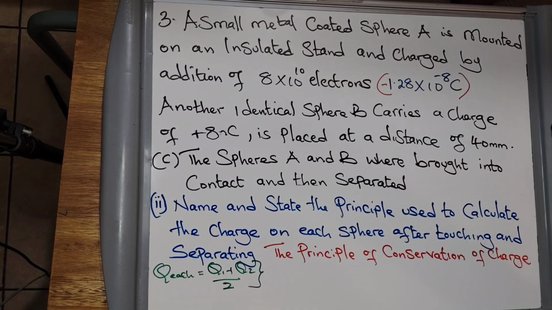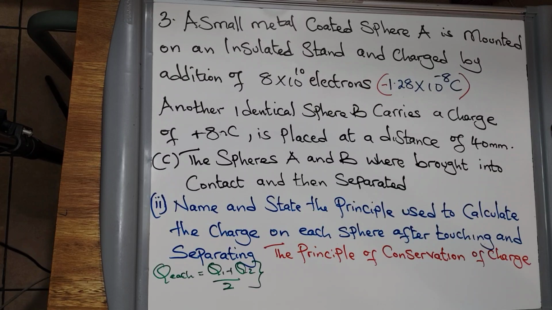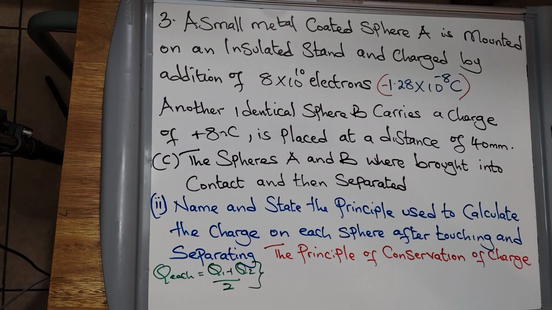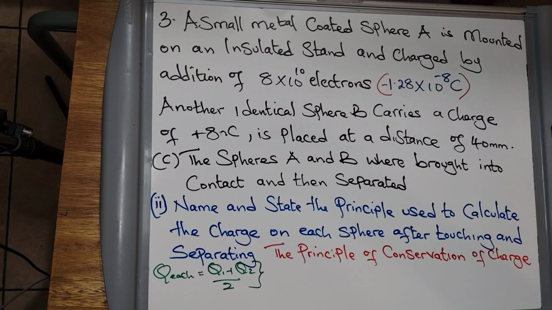So that is that. And how does it state? It states that the net charge of an isolated system remains constant or is conserved during physical processes. This principle literally says that no charge is lost or created.